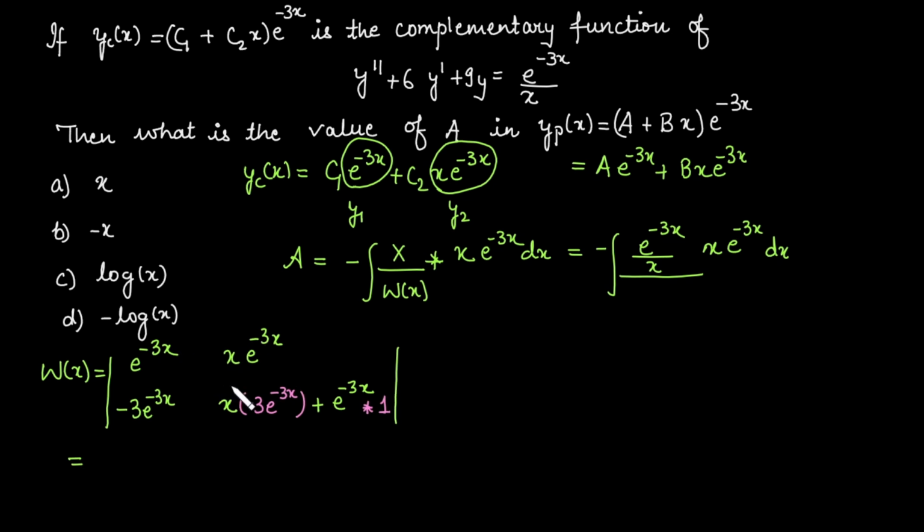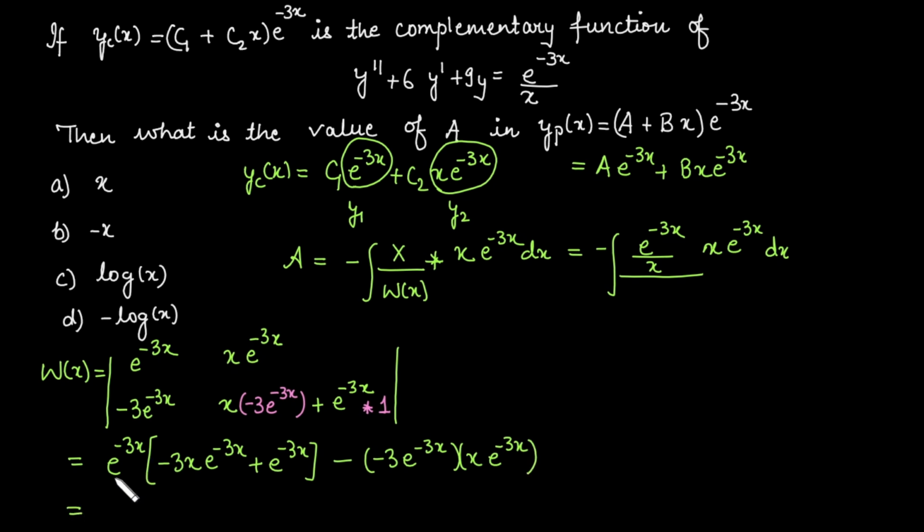Now calculate its determinant, that is equal to e raised to power minus 3x into this whole term, that is minus 3x e raised to power minus 3x plus e raised to power minus 3x, minus this into this, that is minus 3 e raised to power minus 3x into x e raised to power minus 3x.